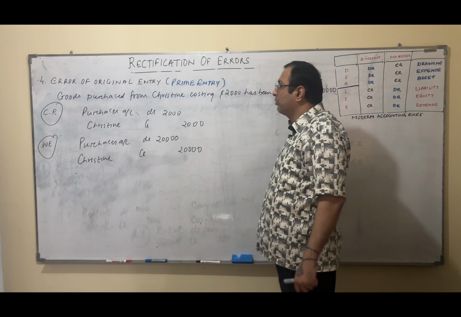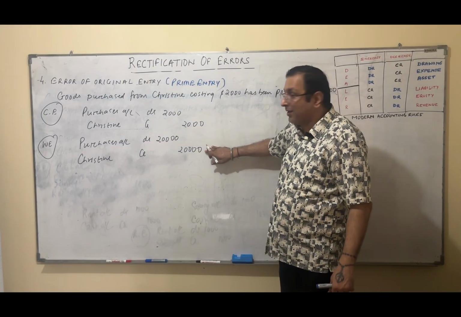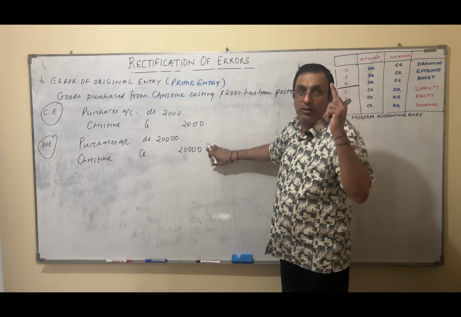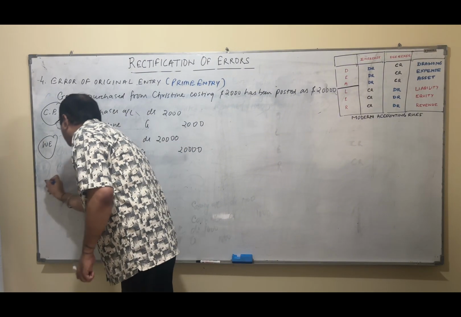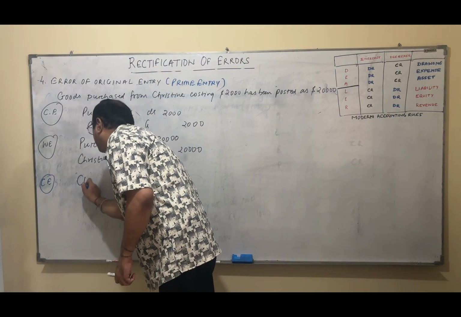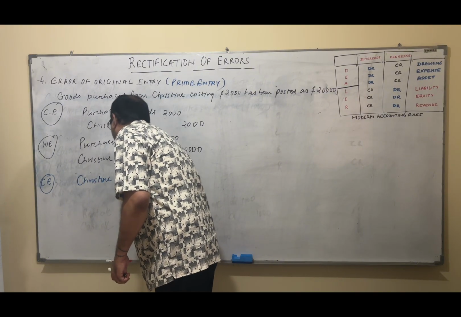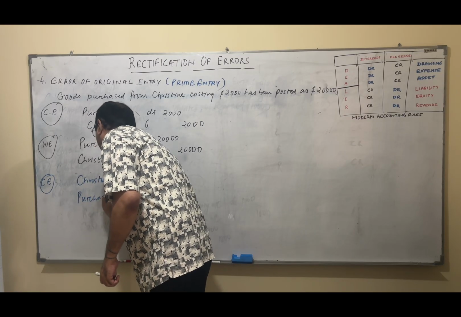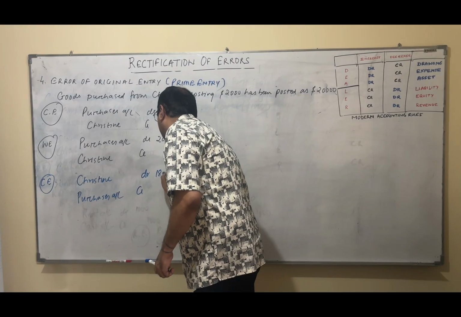Now, what will we do to rectify this? The amount is more than actual. We have to remove the extra amount. To remove the extra amount, we reverse the entry with the difference. How? See, I will write Christine debit, purchases credit with the difference amount.